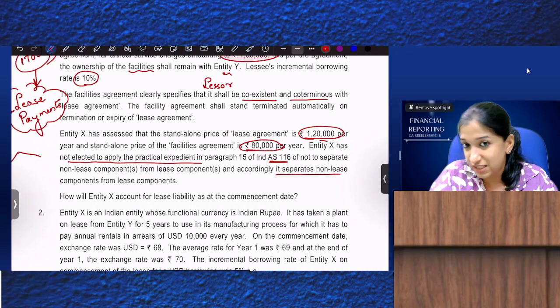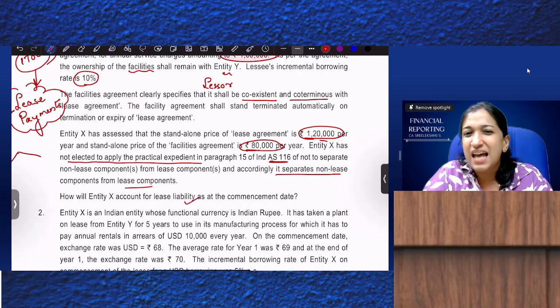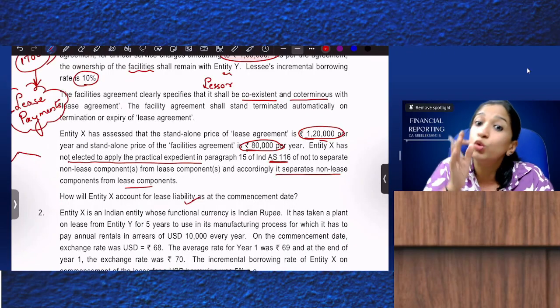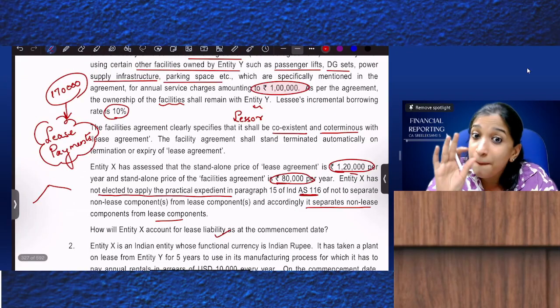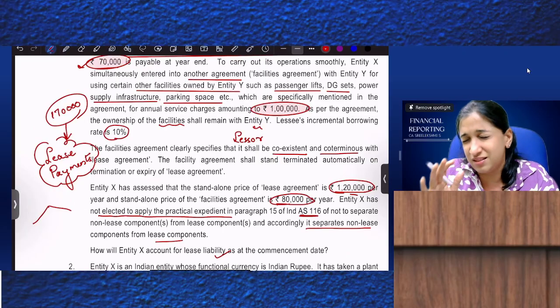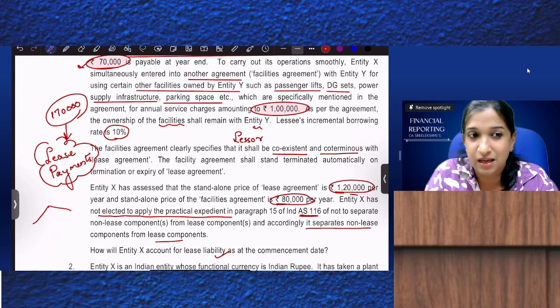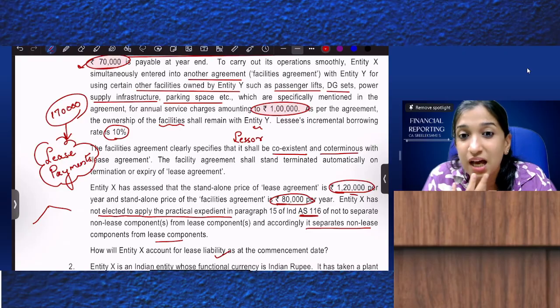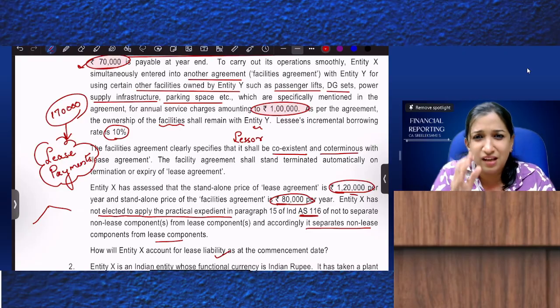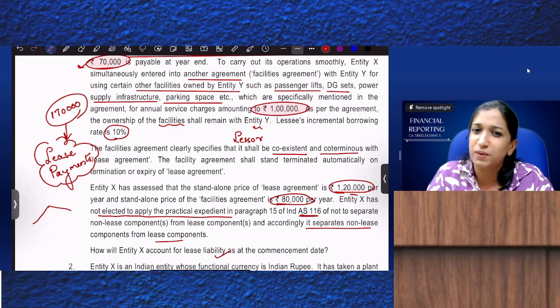If the payment is towards both assets, then you need to separate. Separation of lease components is compulsory, but separation of non-lease components is not compulsory. The entity can go for the practical expedient, but if the entity does not want that practical expedient, it should split.